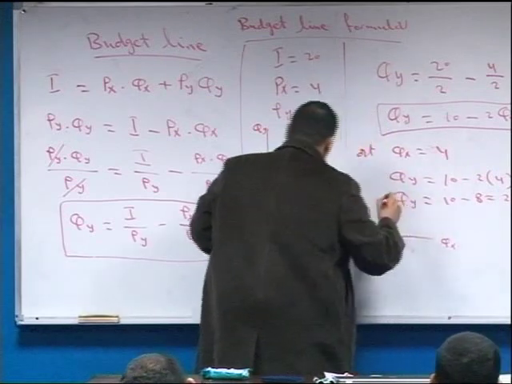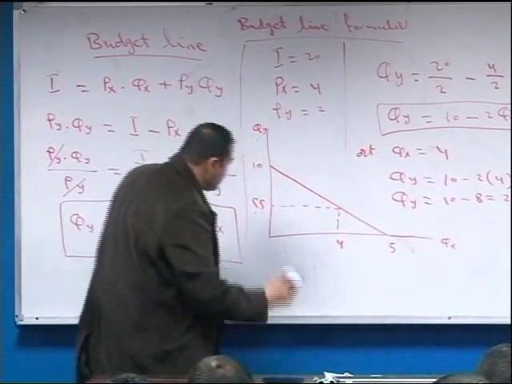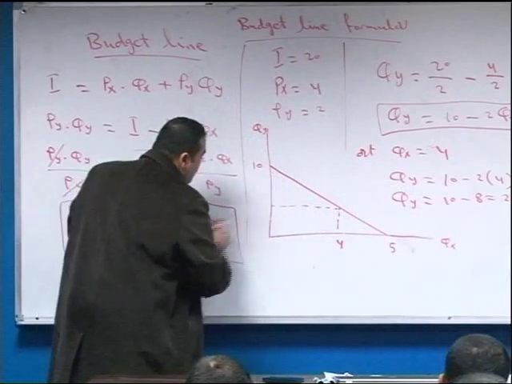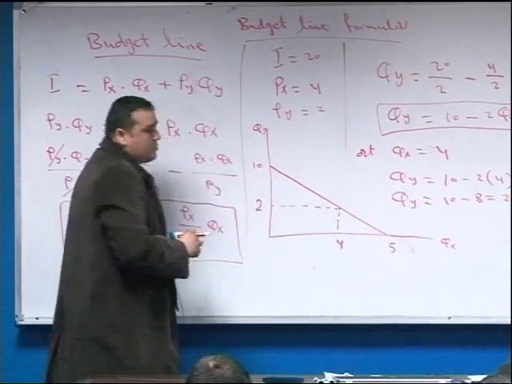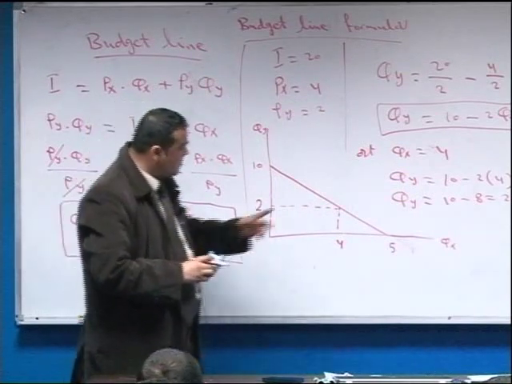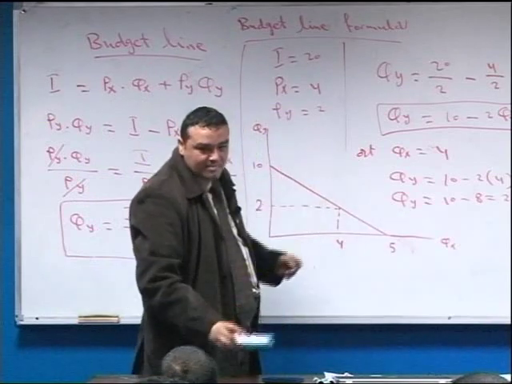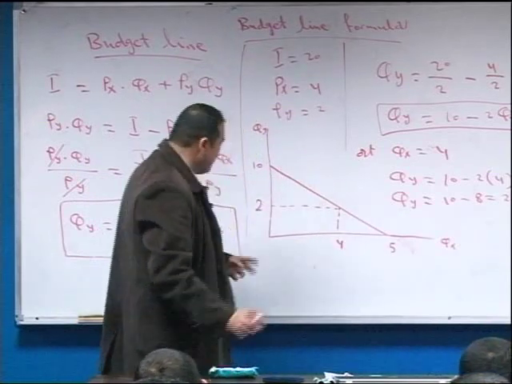So QY equals 2. In this case, the quantity of Y must equal 2. Right? 10 minus 2. Okay.